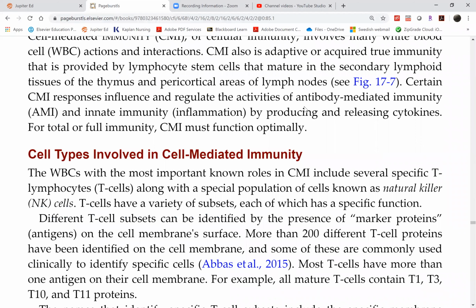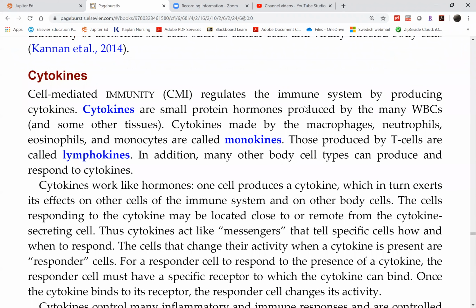So here are your inflammatory cytokines. So let's say you have an invader. So a virus, a bacteria, whatever entered your bloodstream. So now the cytokines will be the first to be activated. So they are inflammatory cytokines.